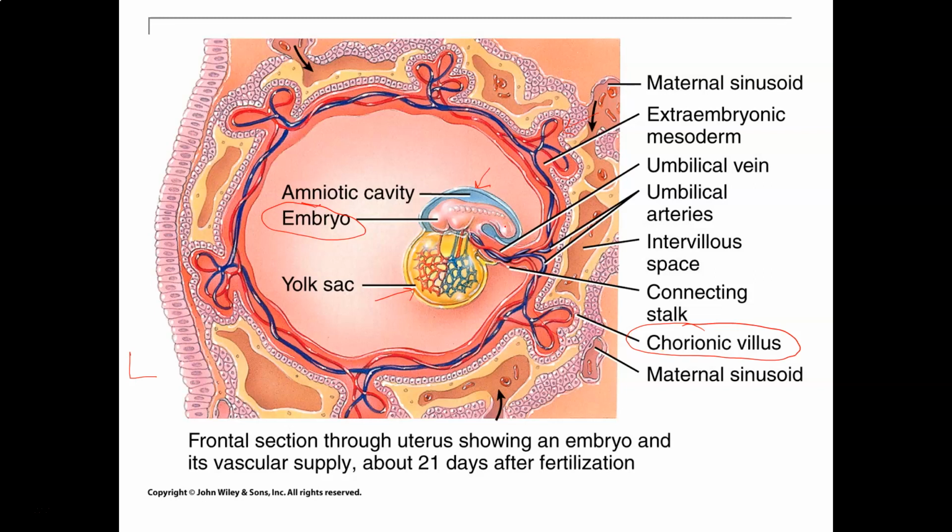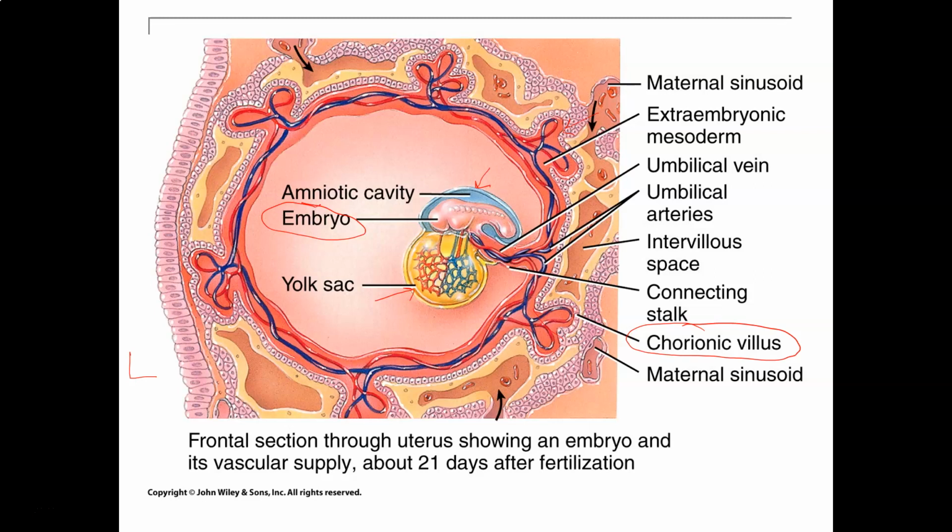So it's like there's an amnion, yolk sac, chorionic villi, and notice they go all around this developing embryo. But soon we'll see that some of them degenerate and others grow, and the placenta is going to form from the sum of the chorionic villi.